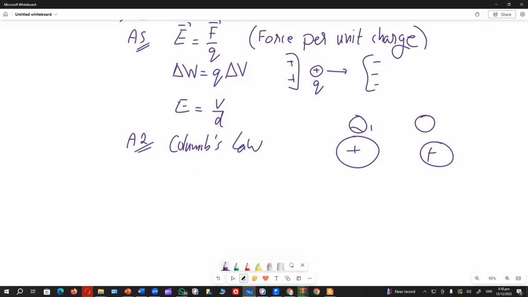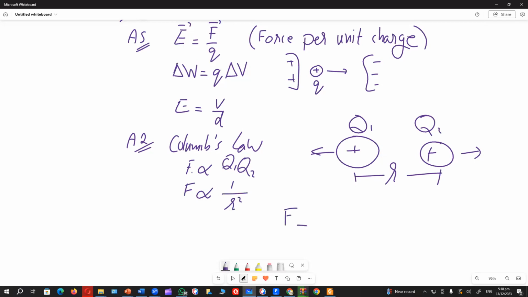The force of repulsion, like this is repulsion, the force of repulsion or attraction between two charges is directly proportional to the charges and inversely proportional to the square of the distance. Here you can write F = K Q1 Q2 upon R square, where K was 1 upon 4 pi epsilon naught.